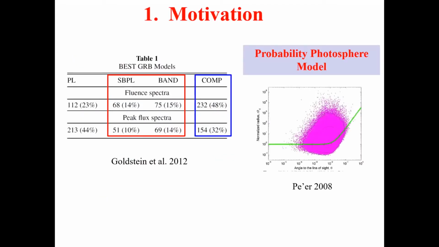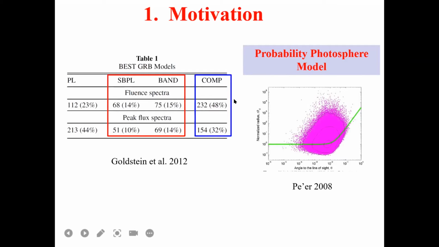and the summary. Firstly, on this slide I show that the gamma ray burst spectrum is quite diverse, but we can divide them into two categories: those best fit by the Planck function and those best fit by the power law.